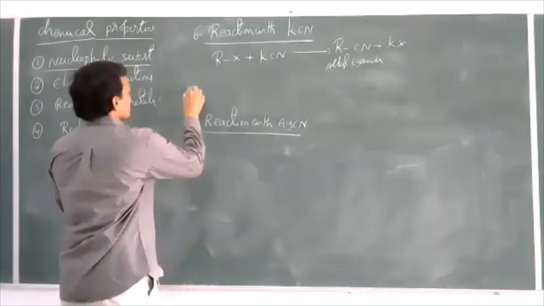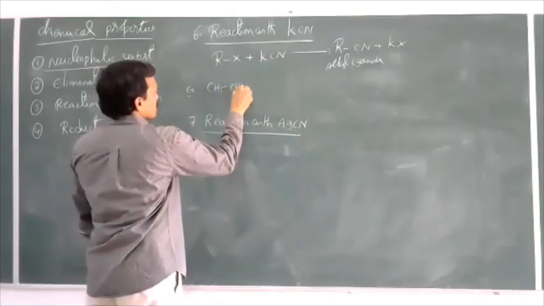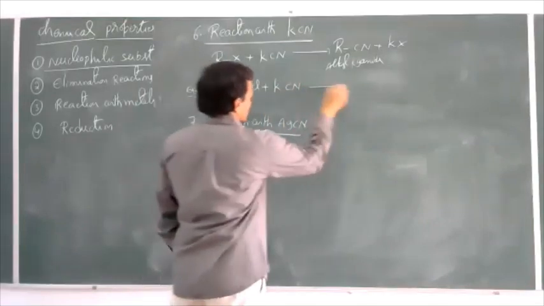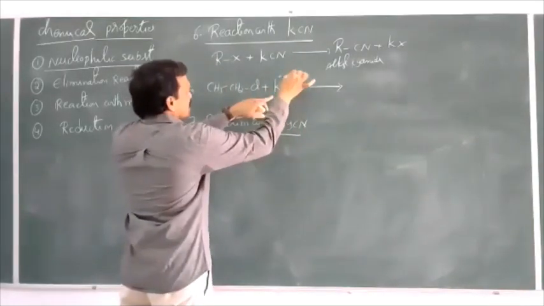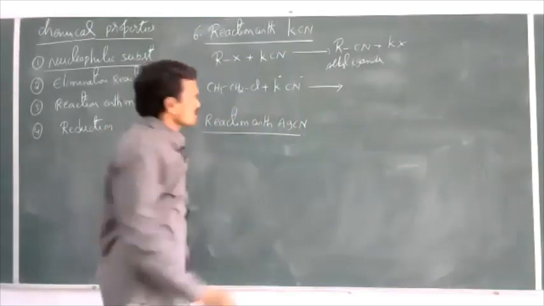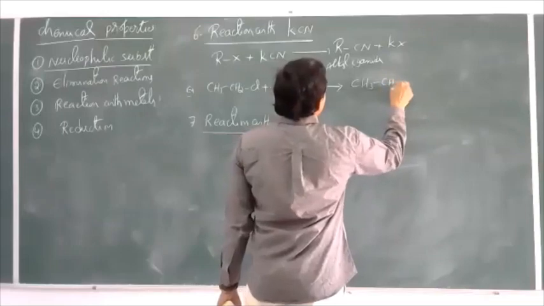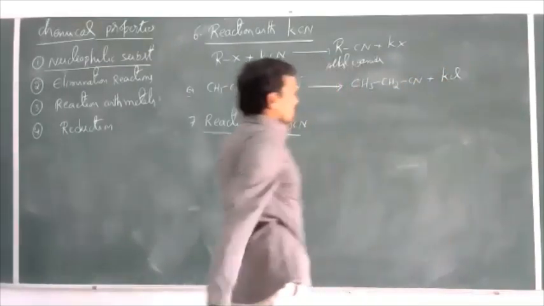If I take an example here, ethyl chloride, CH3CH2Cl plus KCN. This KCN splits as K+ and CN-, and then we get CH3CH2CN plus KCl.